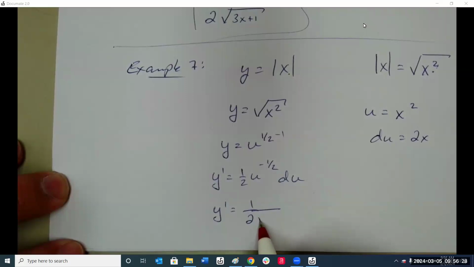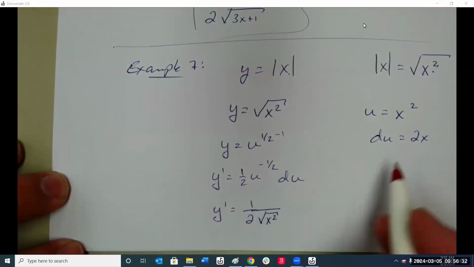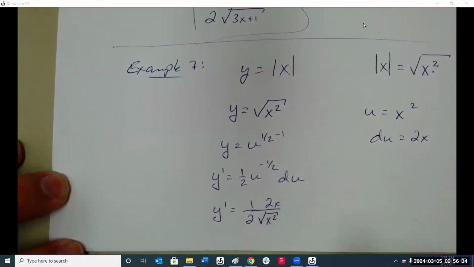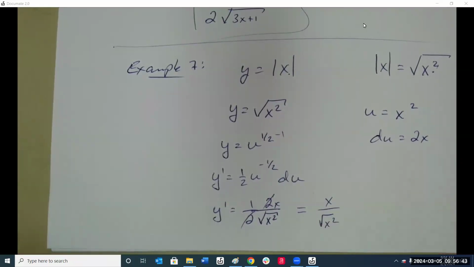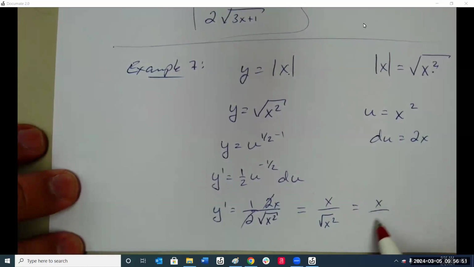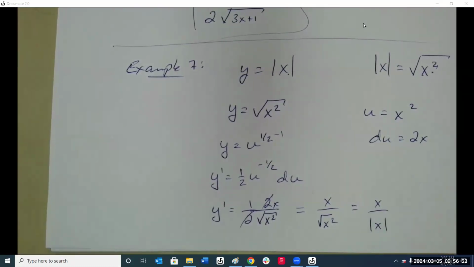U is x squared, so it's square root of x squared times 2x. The x's cancel, the 2's cancel, so we have x over square root of x squared. What does square root of x squared equal? Absolute value of x. So there's the derivative of the absolute value function.